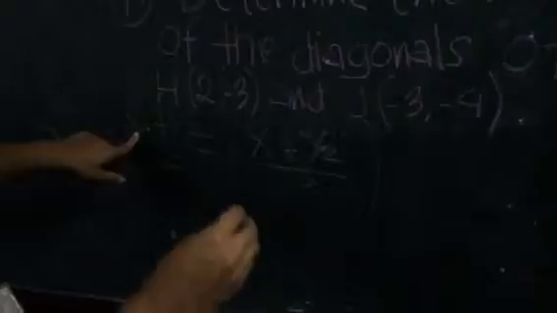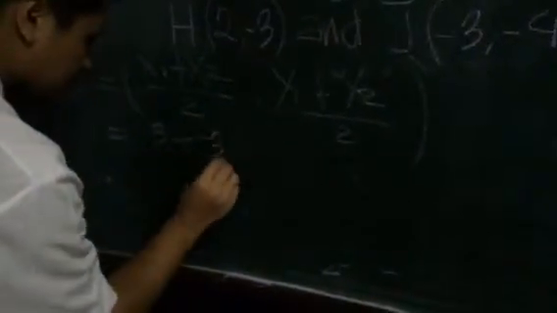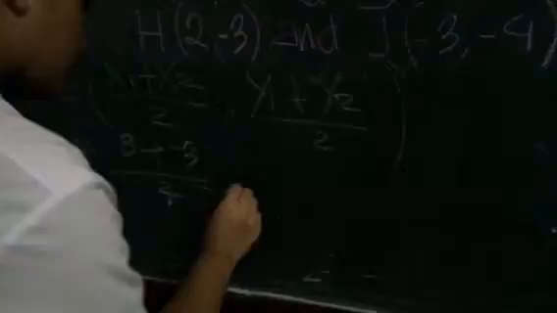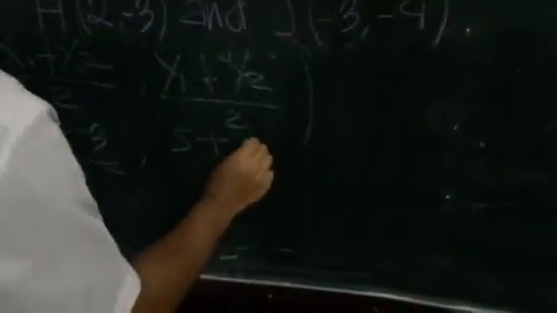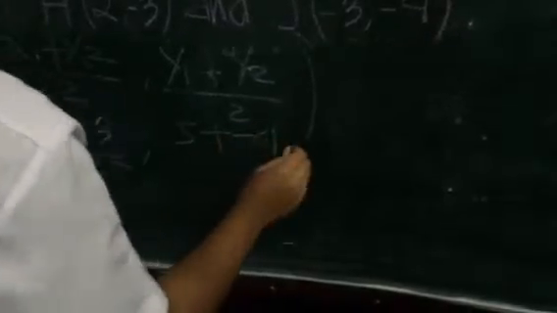Our x sub 1 is 3 plus our x sub 2, which is -3, divided by 2, and our y sub 1 is 5 and our y sub 2 is -4, divided by 2.